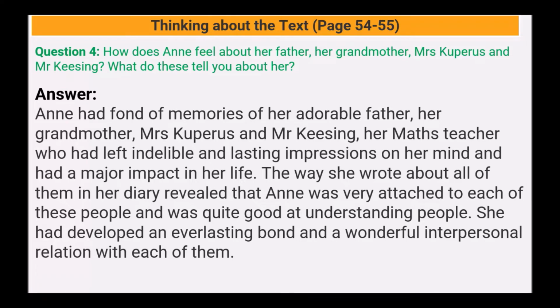The way she wrote about all of them in her diary revealed that Annie was very attached to each of these people and was quite good at understanding people. She had developed an everlasting bond and wonderful interpersonal relation with each of them.